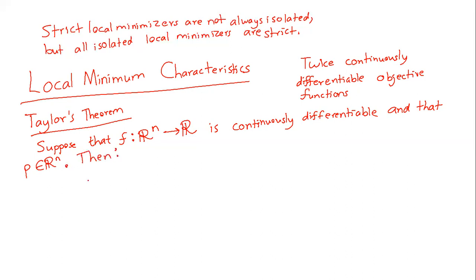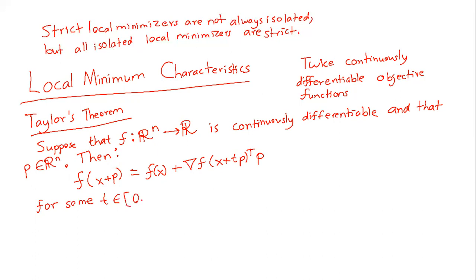Then this function f evaluated at x plus p is equal to f of x plus the gradient of f at x plus tp transpose p for some t contained in 0 to 1.